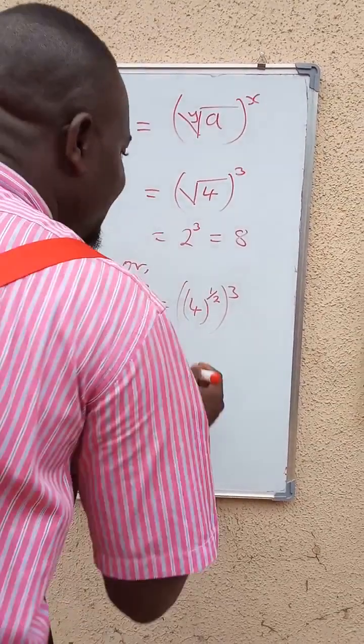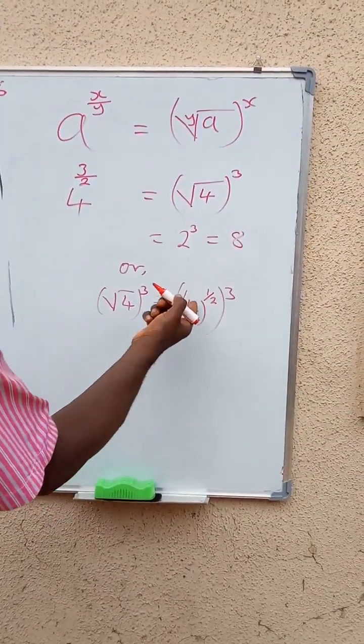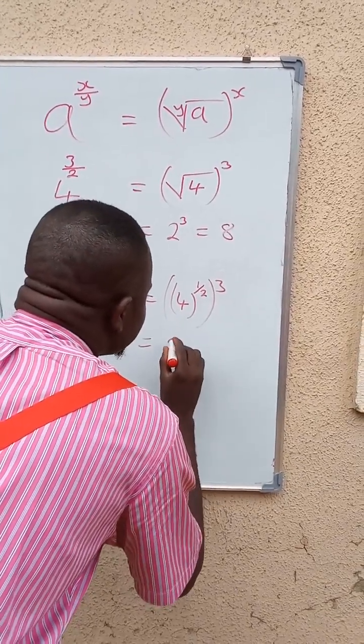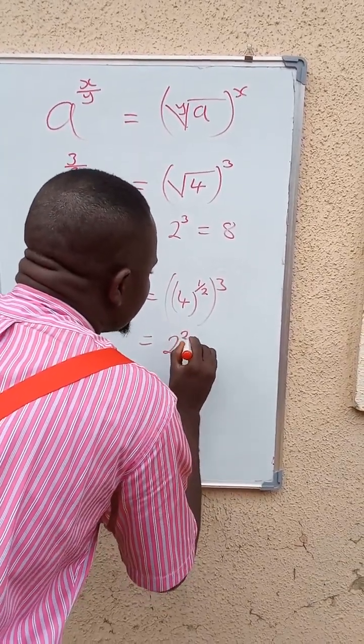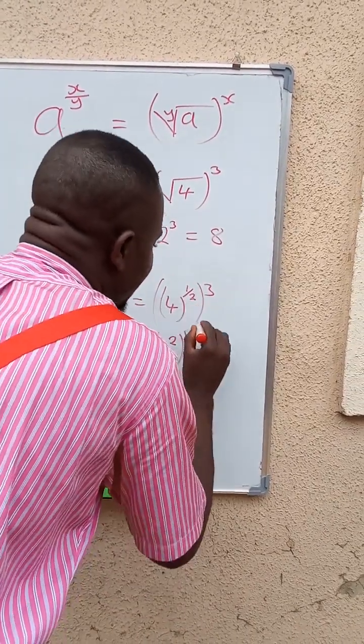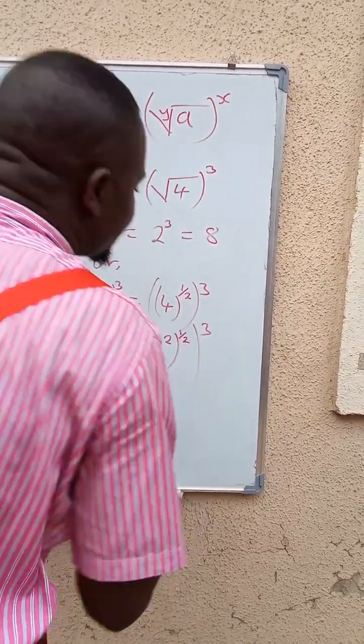But I'm not going there, because when the 2 powers multiply, I have 3 over 2. Look at it. I can say that is 2 raised to the power of 2, raised to the power of half. Then I have the first one they gave to me, which is 3.